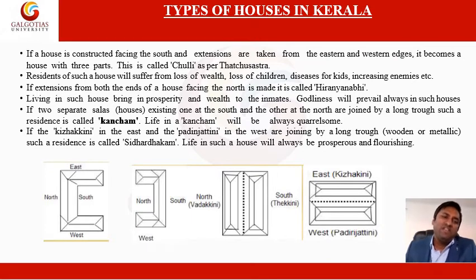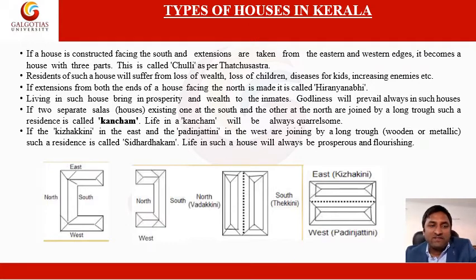In a house facing towards the south, with extensions taken from the eastern and western edges, it becomes a house with three parts. This is called Chulli. As per Shastra, residents of such a house will suffer loss of wealth. So, if the house faces west, the residents will suffer loss of sun and torture from enemies. And if the house faces south, the residents will face loss of wealth and disease for the kids.